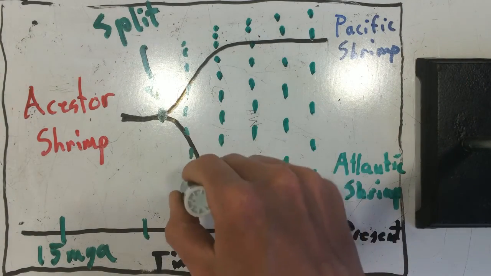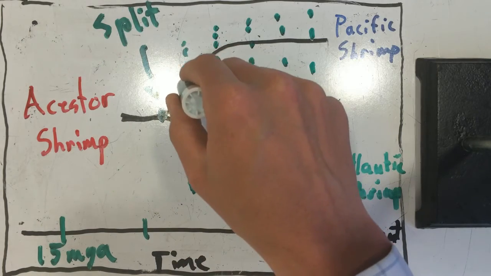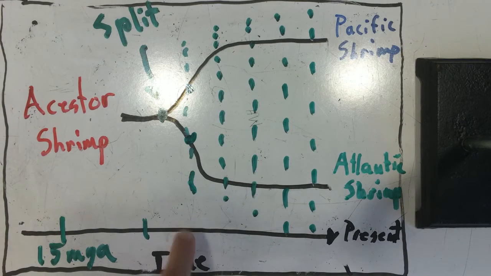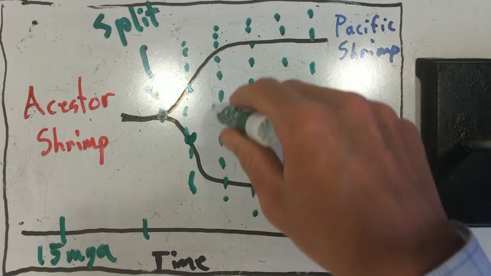So, if we were to go back in time and extract DNA from Pacific shrimp and Atlantic shrimp at this moment, say 1 million years after they diverged, their sequences would probably still be fairly similar, becoming more different, but still fairly similar.